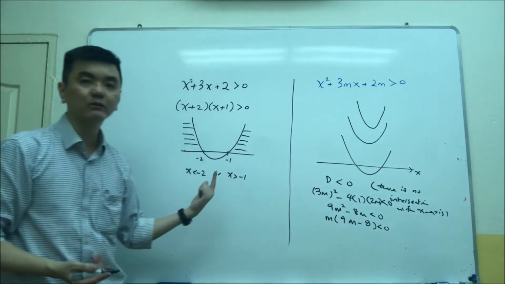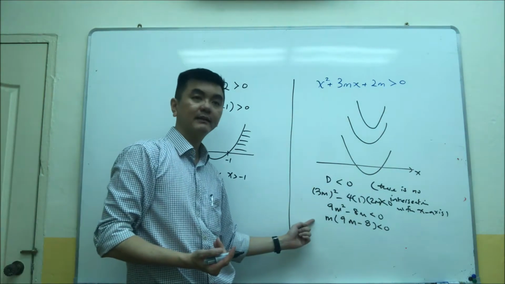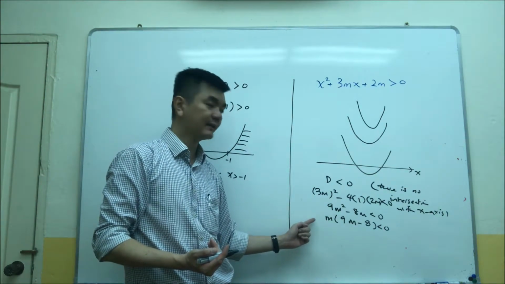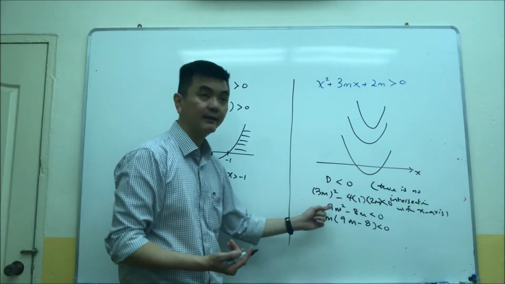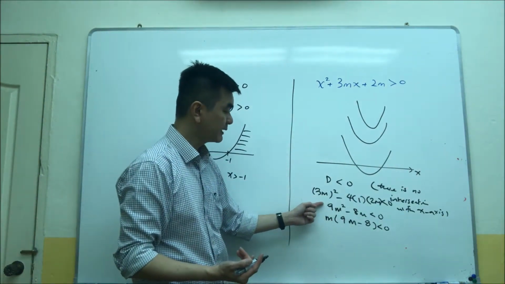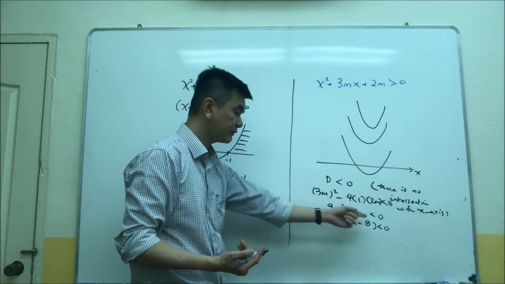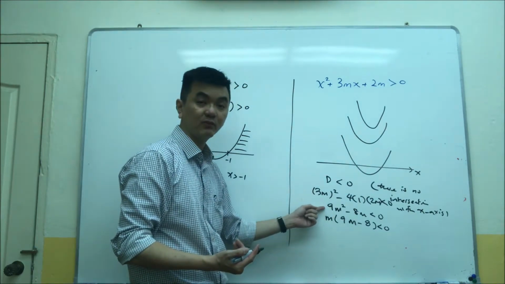Again, I have got to draw a quadratic curve to find out where are the areas that are below 0. So in this case, I have a smile again because my m squared is actually another quadratic curve with a positive coefficient.